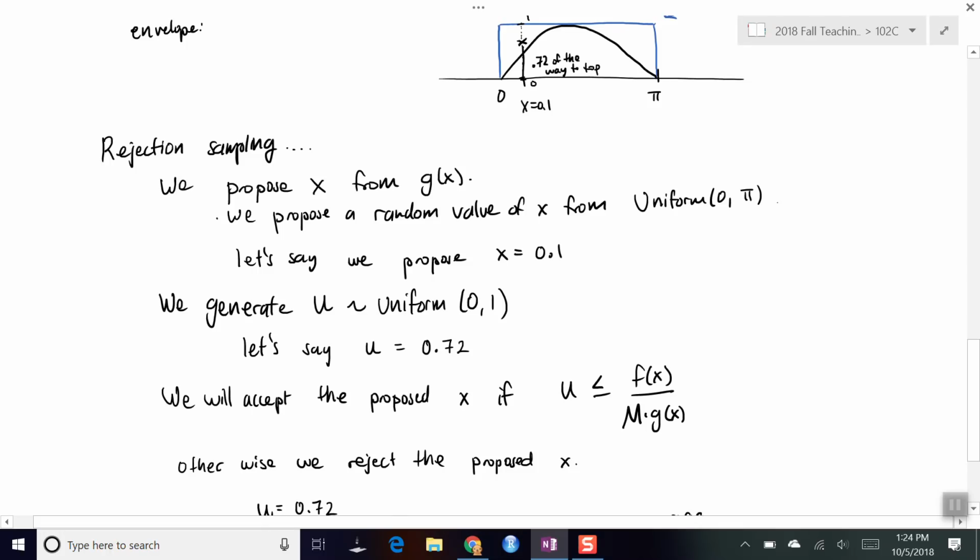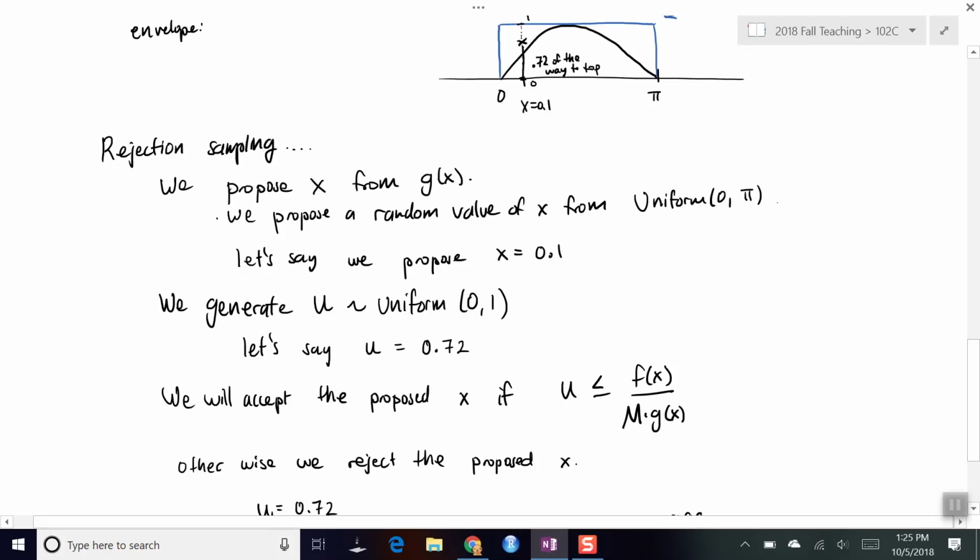Okay? Values in the middle, near pi over 2, values like, I don't know, 1.6, which is a little over pi over 2, get proposed just as often as every other value, and we will accept those values almost 100% of the time.